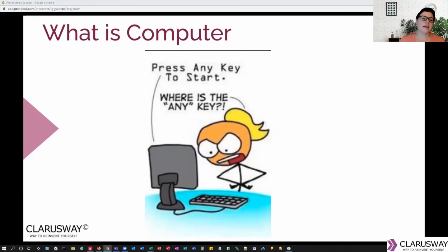First thing I want to throw out there is that the graphic on the screen is very apt when you're dealing with technology. I even see a question in Slack, somebody asking, what does the CPU even stand for? And that is so common in technology.